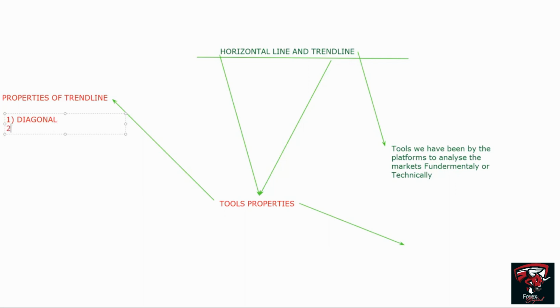A trend line is used to identify your support and resistance. A trend line also needs to be able to identify your pullbacks.